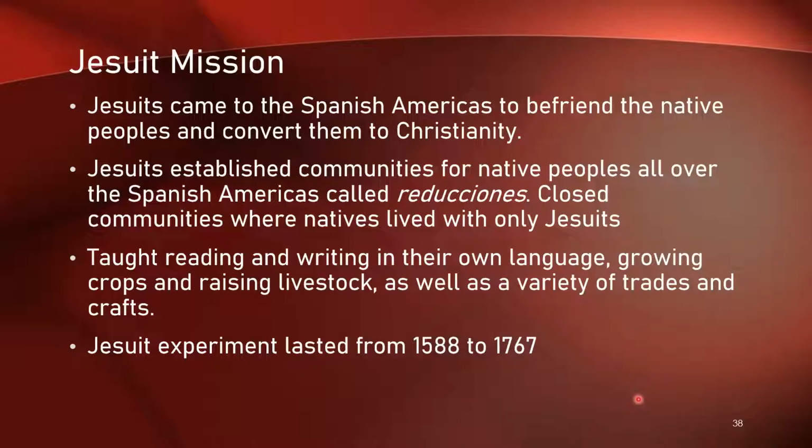They established communities for the natives all over Spanish America, which were called reducciones. These were closed communities. Only Jesuits could live in those or even enter those communities. And the native peoples lived in those communities with the Jesuits.